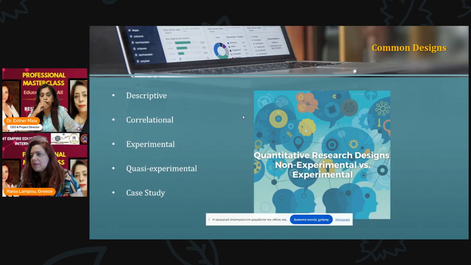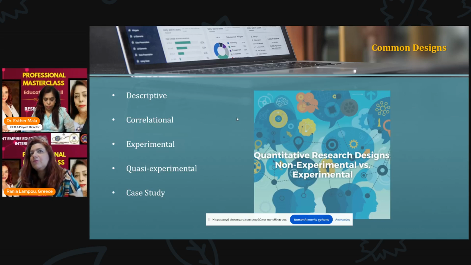Some other very common designs we can mention: the first one, descriptive, which describes characteristics of a population or phenomenon. Correlational, which examines relationships between variables. Experimental, which involves manipulation of variables to determine cause and effect. In another session we will explore everything about quantitative design and about variables.